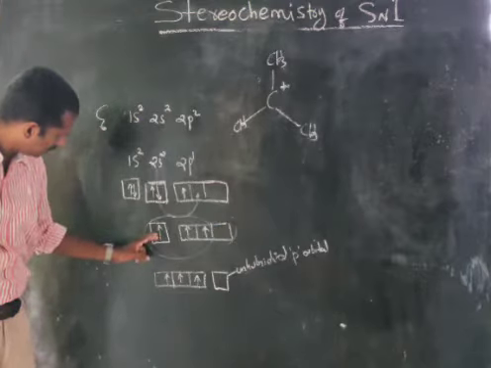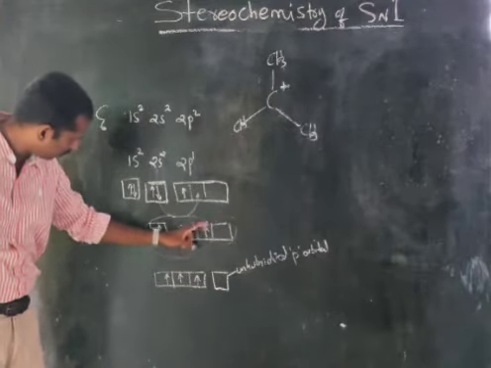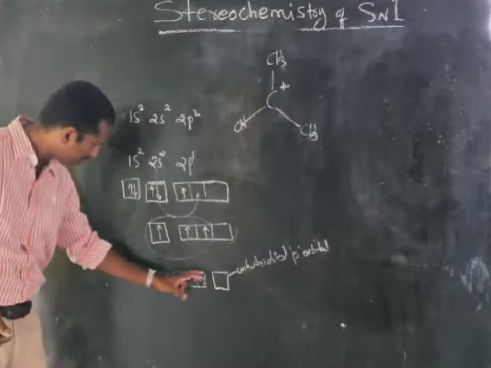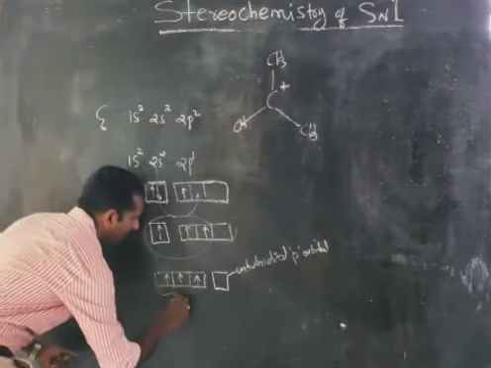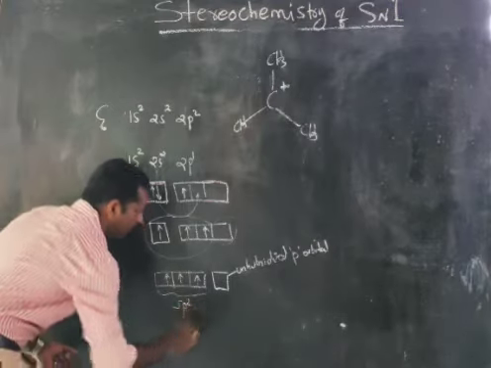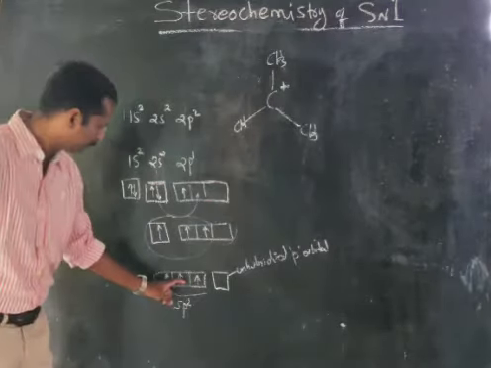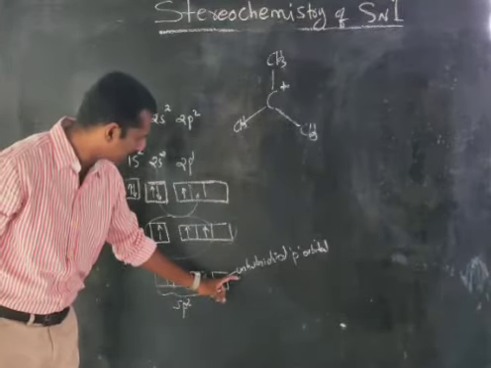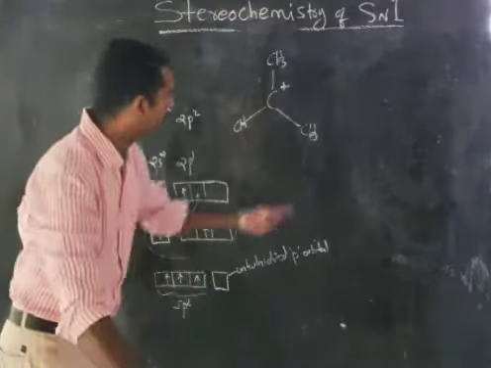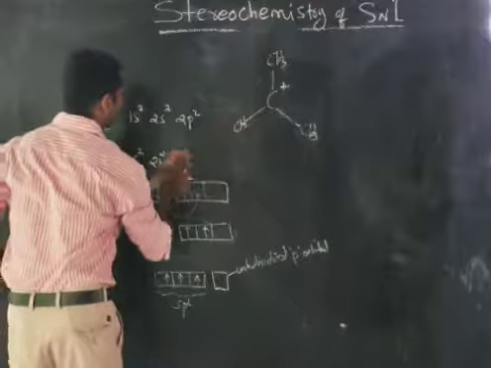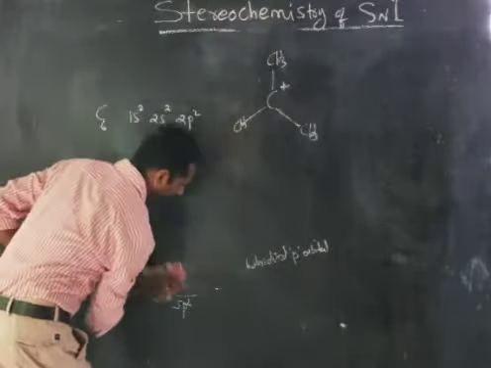Now the s electron and 2p electrons mix together, and you get 3 hybridized orbitals. These three are sp2 hybridized orbitals, and there is an unhybridized p orbital.